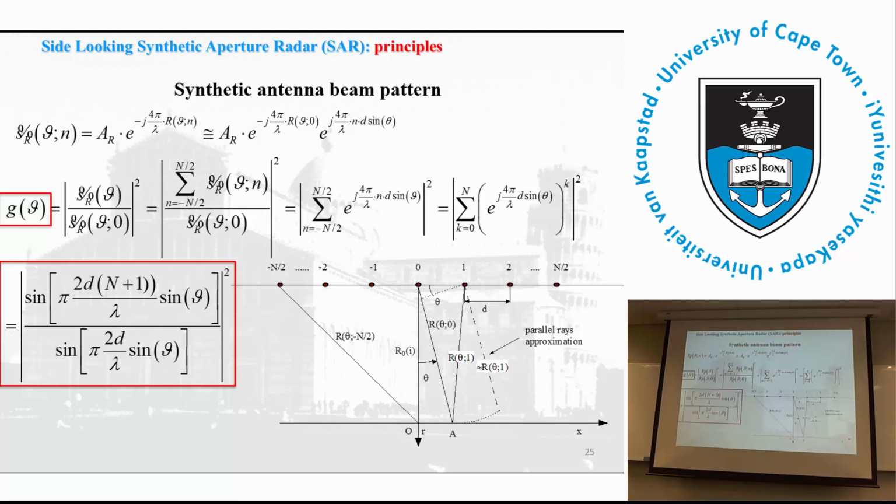So now, what I'm considering is that r theta 1 will be equal to r theta 0, plus, let's call this d, plus d, and if this angle is theta, then this bit here is d sine of theta.